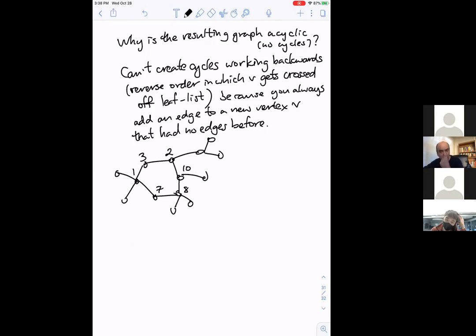Well, the issue is if these edges were added in a way where you were always adding an edge to a new vertex, the last one that you added within the cycle was supposed to be new. Maybe the last one you added in was number 7. But the problem is, the 1, the 3, the 2, the 10, and the 8, they were all supposed to be there before. And then you added in the 7.